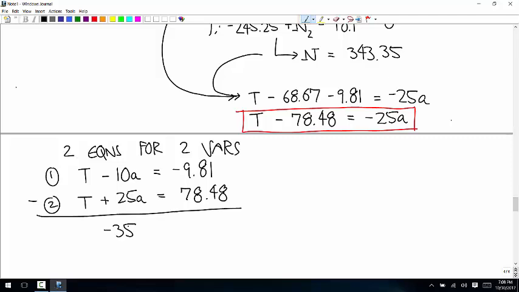So negative 35a is equal to negative 88.29. So what's 88.29 divided by 35? 2.523 meters per second squared. And that's this way.